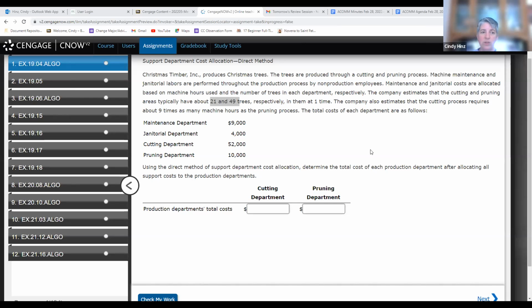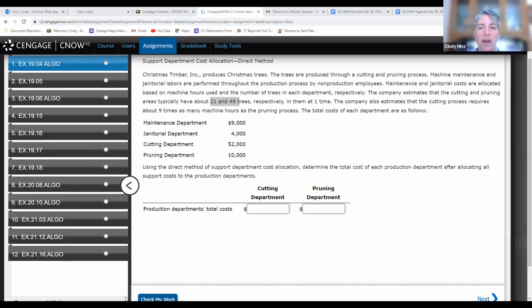Okay, so having finished up the chapter 21 problem, I have now pulled up the practice set of exercises to prepare for exam 2. I need to point out that there are 12 exercises here across the 3 chapters that are on the exam, 19, 20, and 21. Most of these exercises have the .algo at the end of the name or number of the exercise.